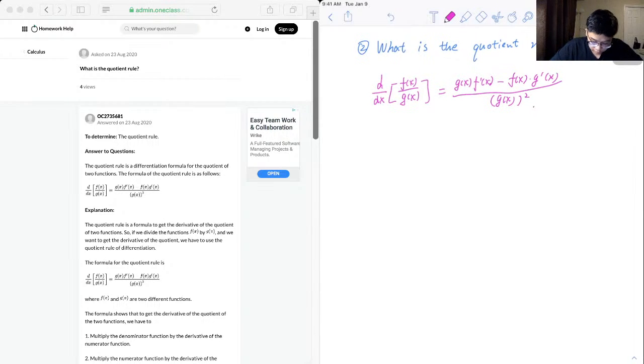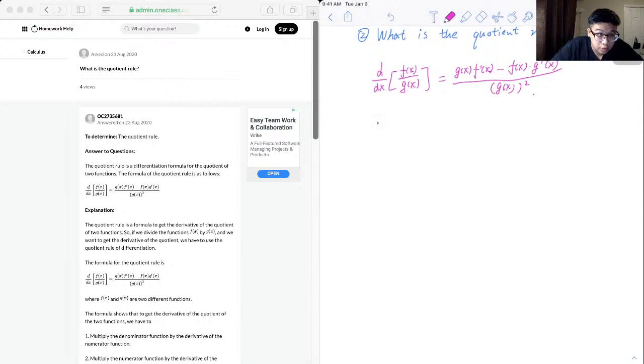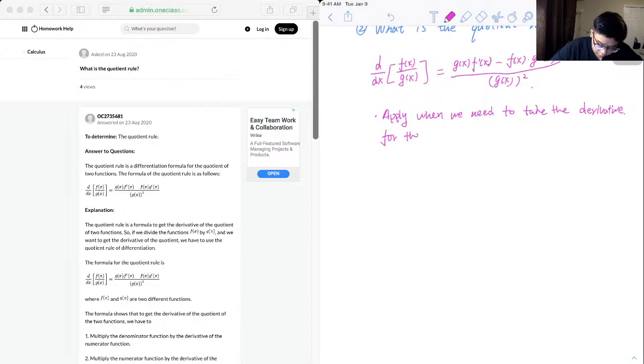And so the quotient rule applies when we need to take the derivative of the quotient of two functions.